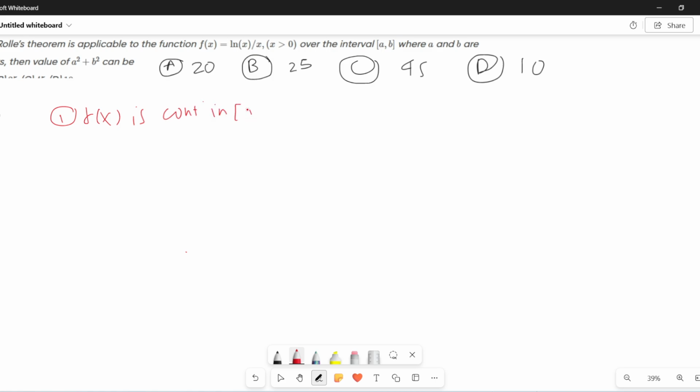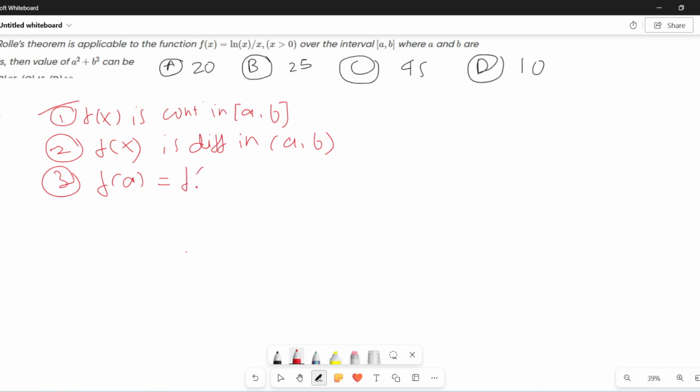in [a, b]. It will satisfy. Second condition, the function is differentiable in (a, b). Third condition, f(a) = f(b), where f'(c) = 0 and c belongs to (a, b).